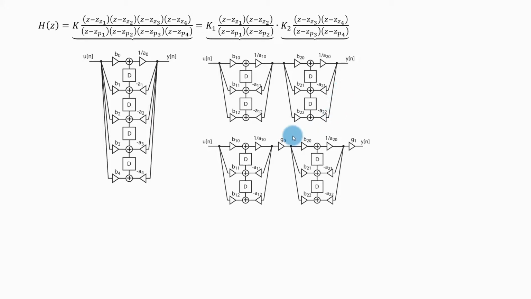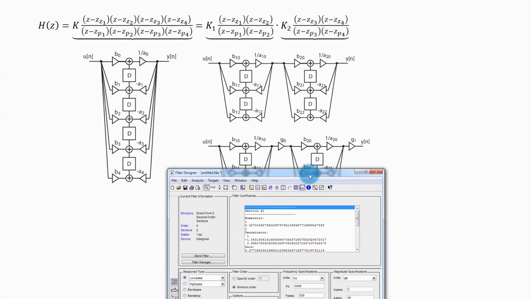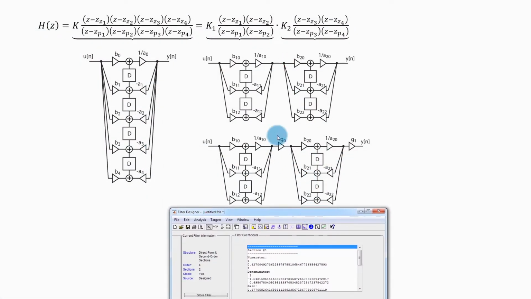Moreover, Matlab will give you the scaling coefficients after each section, which will allow you to scale the signals after each section, and that can help you to improve the dynamic range if the dynamic range of the number representation that you are using is limited. So Matlab gives you the coefficients of these 2nd order sections.